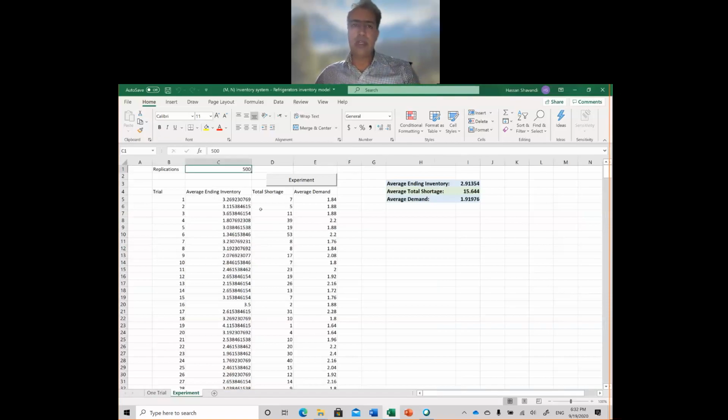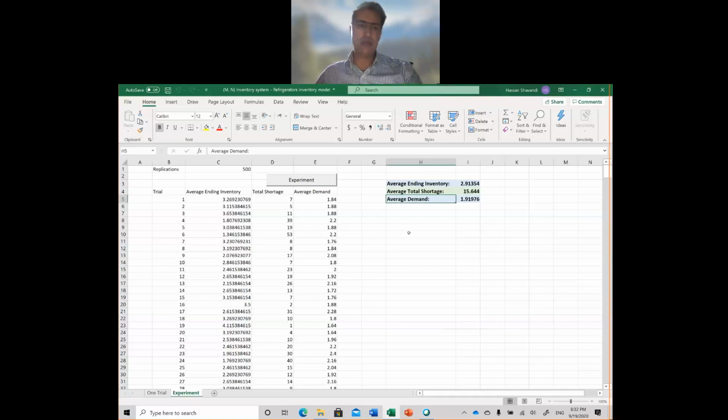Here we have the average over 500 replications of 25 days. The average ending inventory becomes 2.9, the average total shortage is 15.6, and average demand is 1.9, less than 2 units of refrigerator per day.